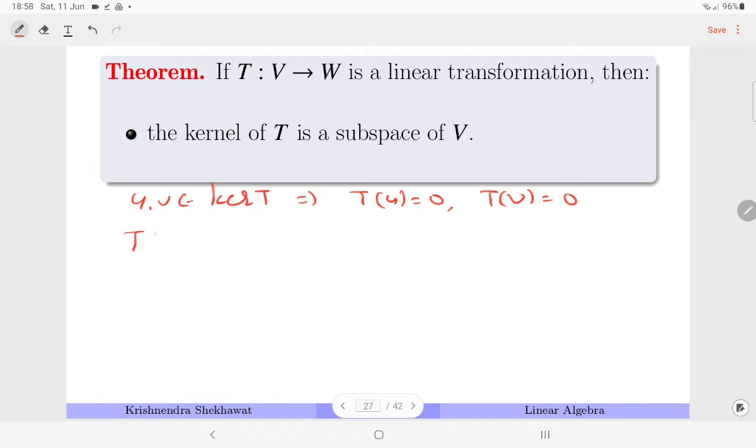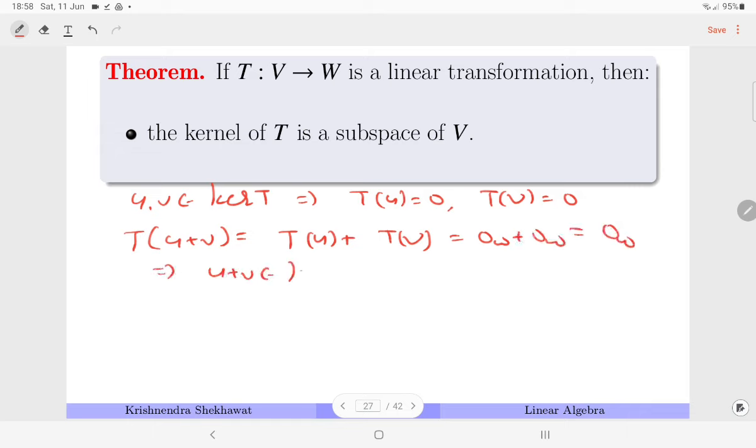Now T of u plus v, using the definition of linear transformation, becomes T of u plus T of v, which is 0 plus 0, which is 0 vector, and therefore u plus v belongs to kernel T. Similarly, you can show that ku belongs to kernel T, and therefore it is a subspace of V.